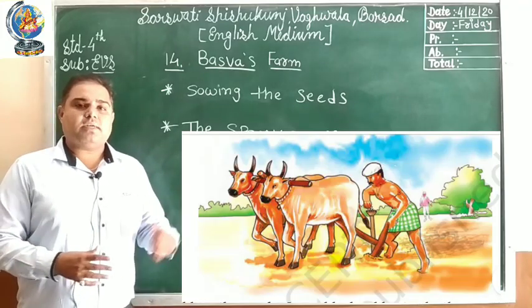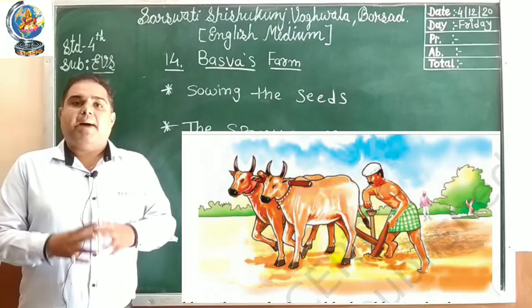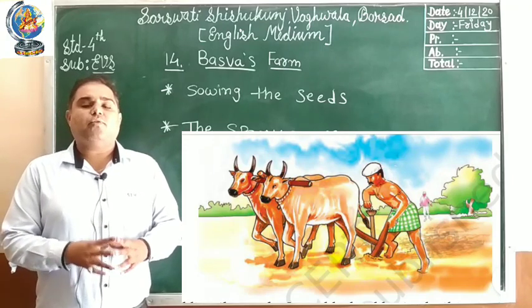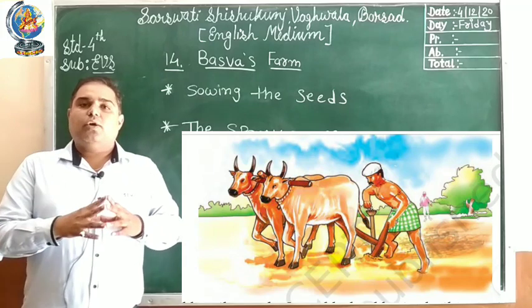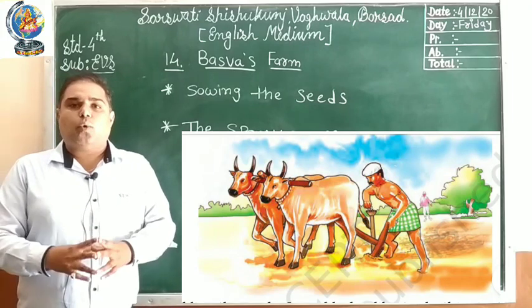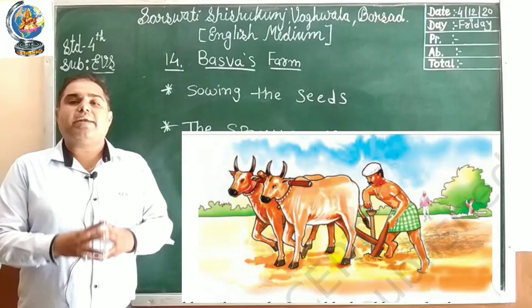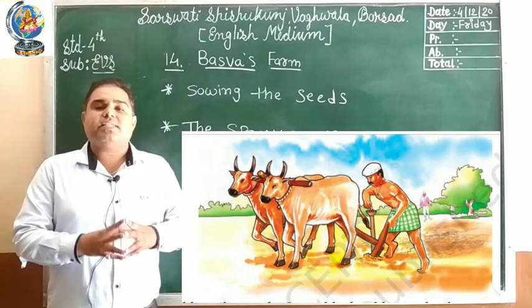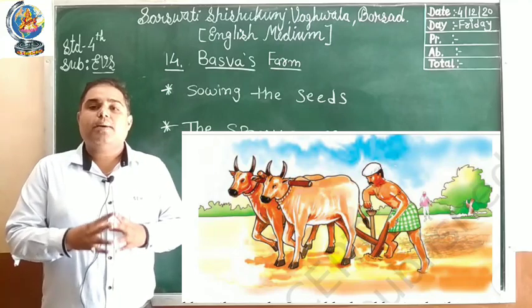Students, in this picture you can also see that Basva's father is pulling the plow. So students, what is a plow? In local language, or as we know, it is called a plow. So his father is pulling the plow.